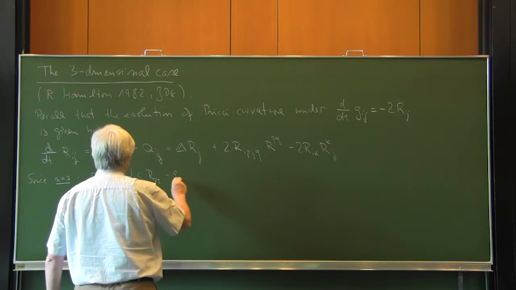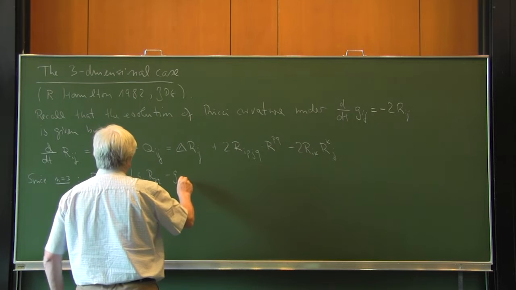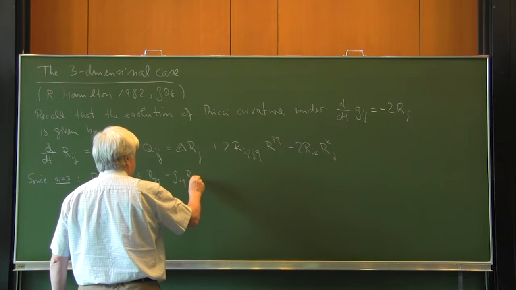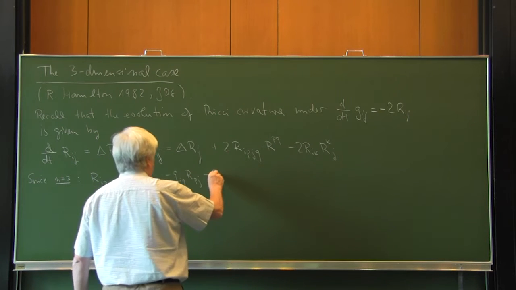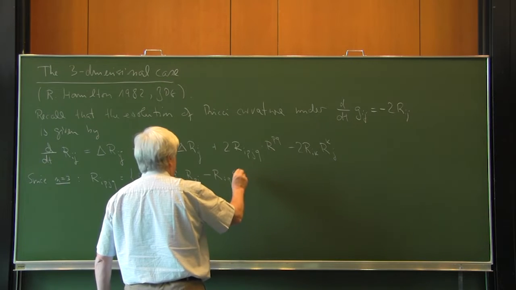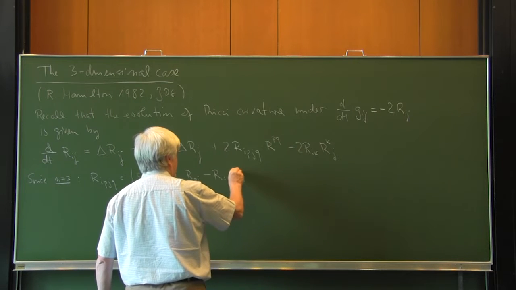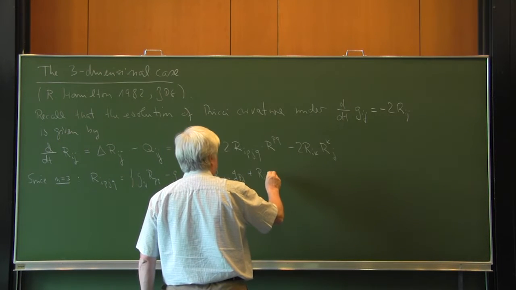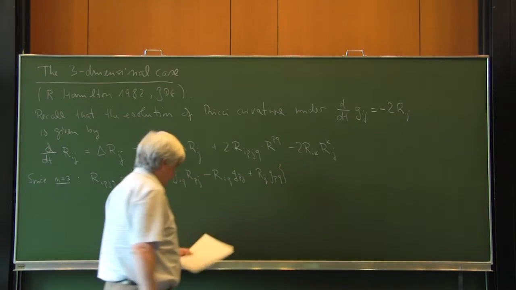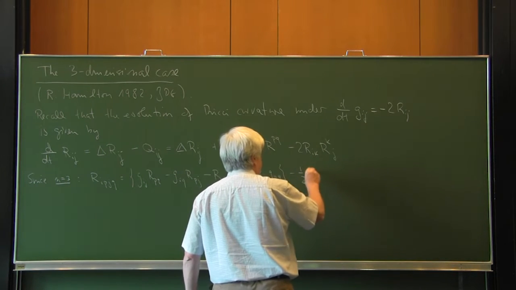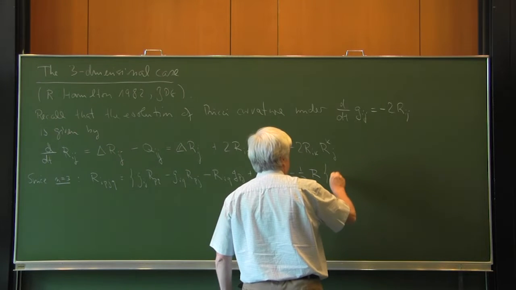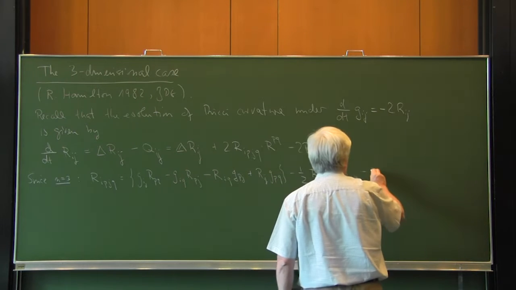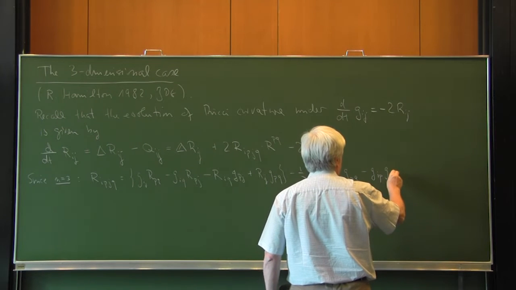plus minus g_iq R_pj minus g_pj R_iq, and then plus R_ij times g_pq, and then there's another term coming from the scalar curvature, which is g_ij g_pq minus g_ip g_qj.